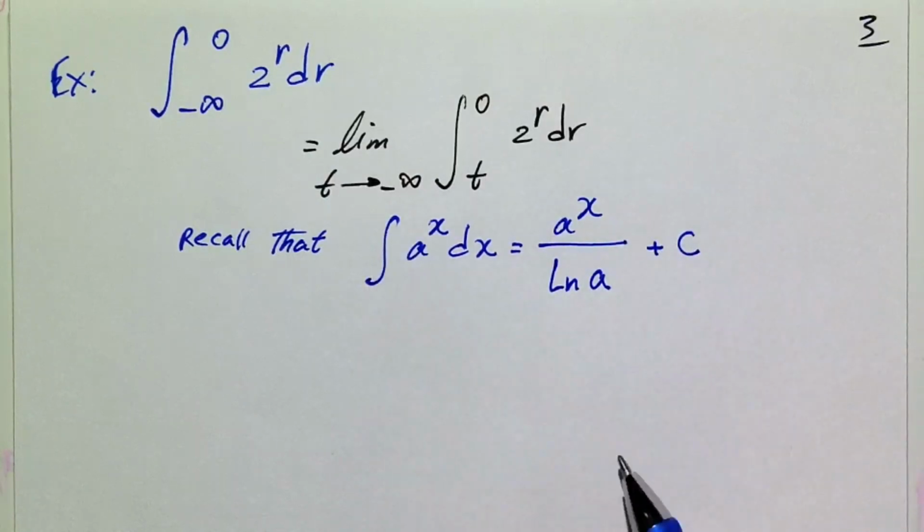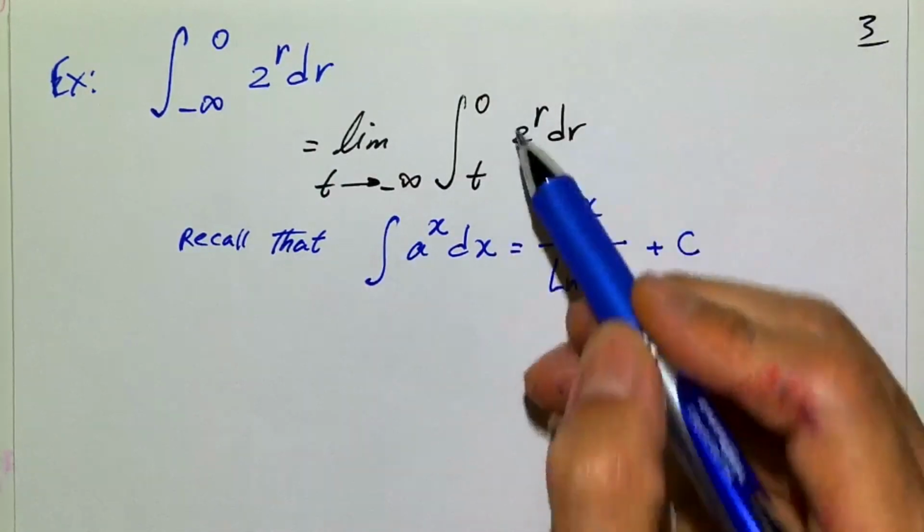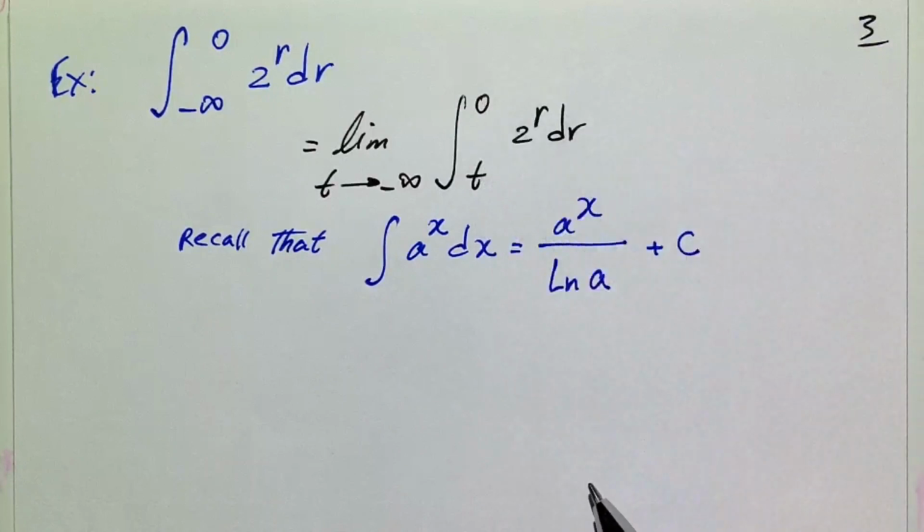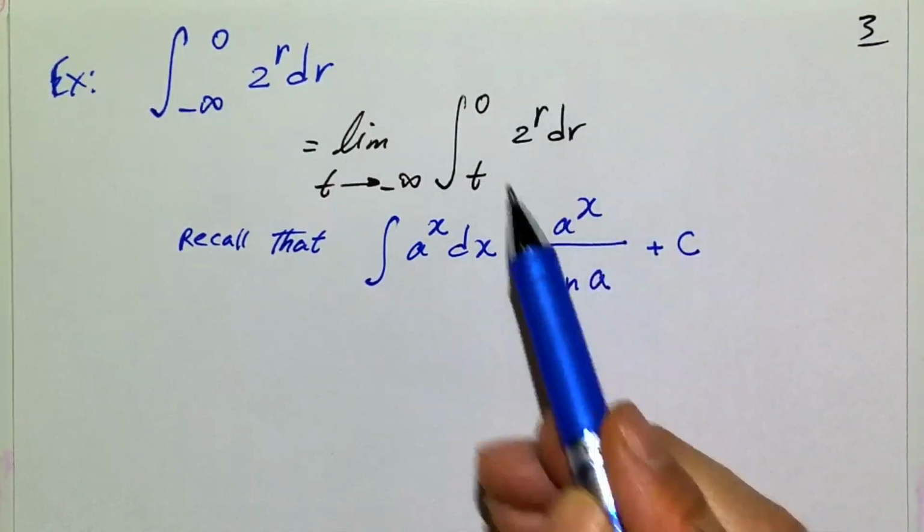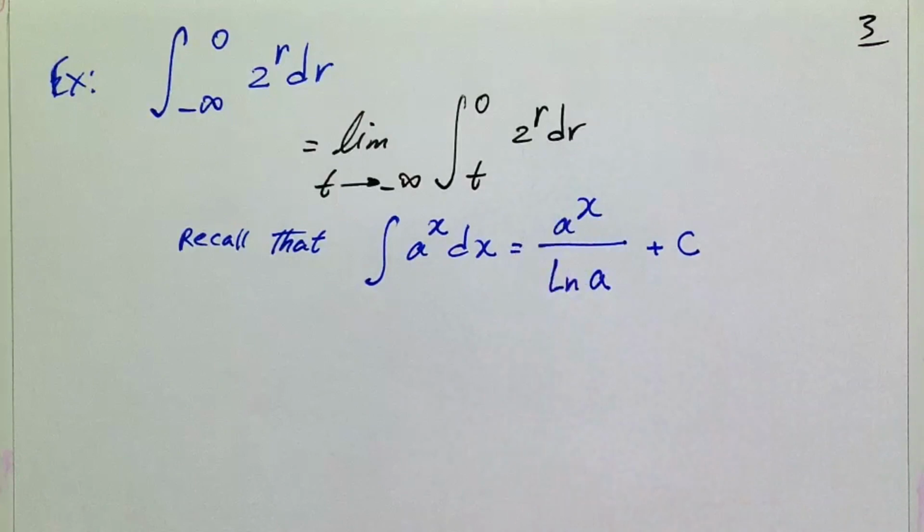But in our case, we don't need the c because we have t and 0. Nonetheless, we can apply this to the integrand here.